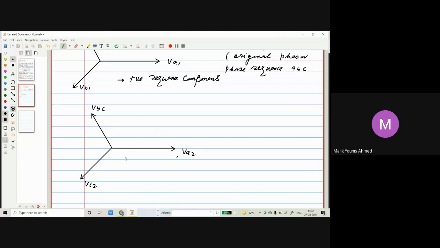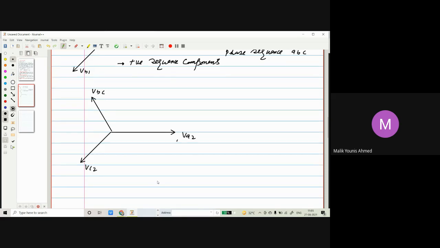So all the three phasors will have the same magnitude, displaced from each other by an angle of 120 degrees, but having the phase sequence opposite to that of the original phasor, which was ABC in clockwise direction. But it is having ACB in clockwise direction. If we take it counterclockwise, it will be ABC. So the phase sequence is opposite in this case.